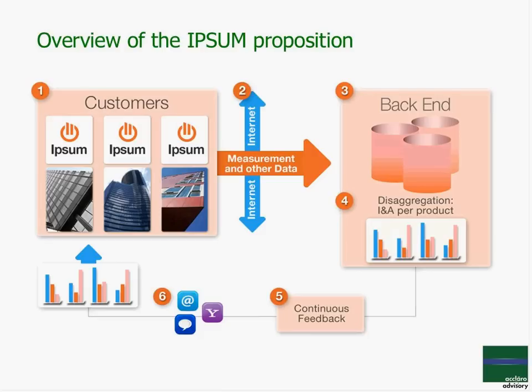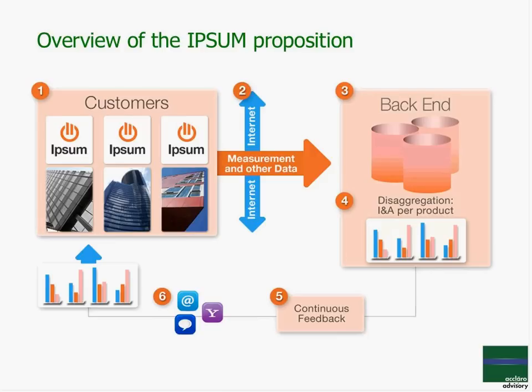So rather than a block of energy that's being consumed, that block is then broken down into its individual component parts. It gives you a more accurate representation of the amount of energy and what proportion of that energy is being used. That links up into the continuous feedback loop.